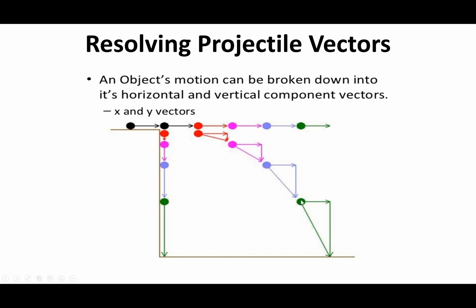And then in the green position, it's still moving the same horizontally, but now it's moving even faster vertically. So now it's moving at this angle. So the angle the ball is moving at is constantly changing, and the velocity the ball is moving at is constantly changing, because even though the horizontal component is consistent, the vertical is accelerating, and you have to combine both of them together. So we keep getting a different triangle at every instant, and therefore a different hypotenuse at every instant.